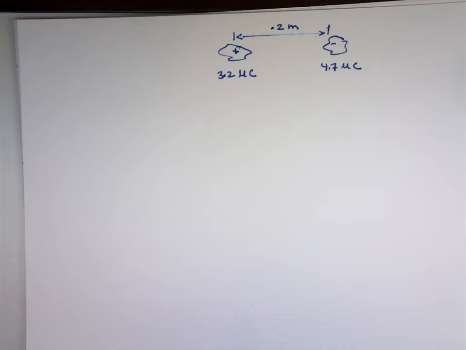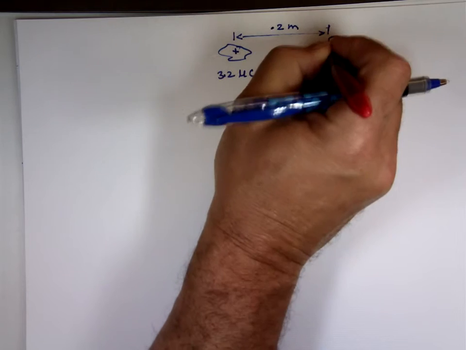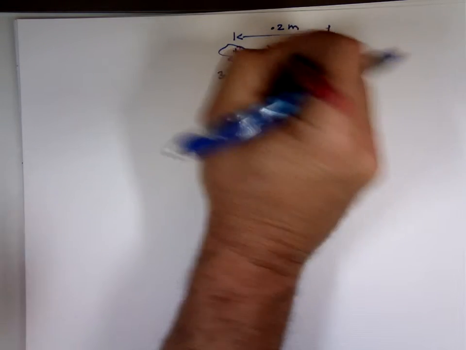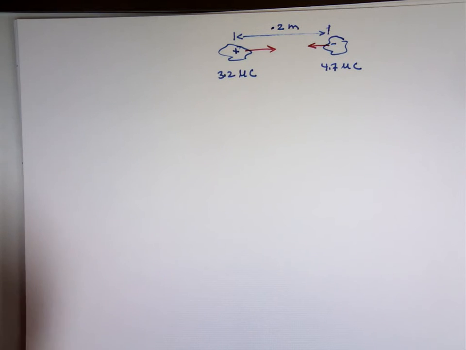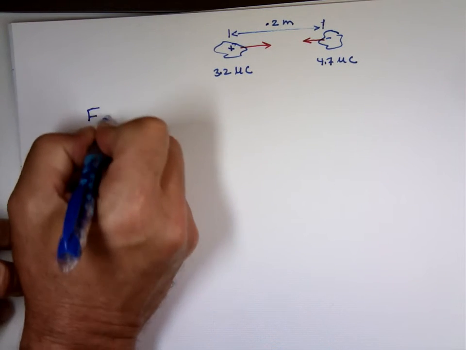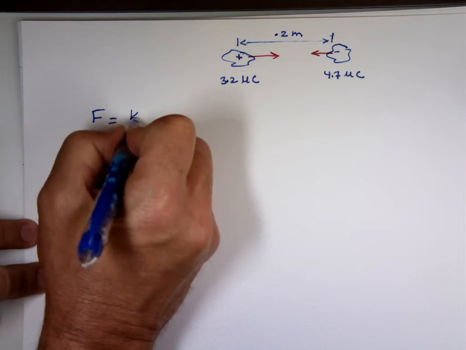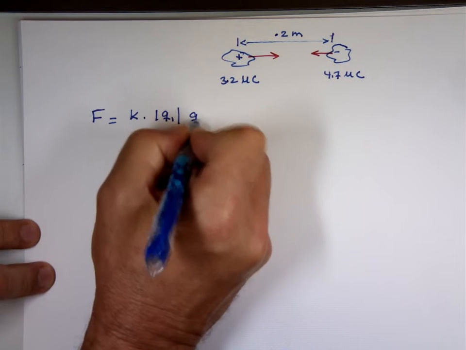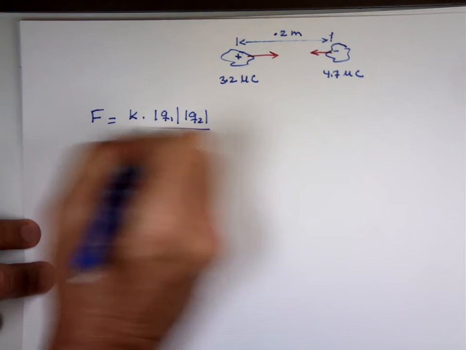What is the force? Well, first the direction of the force. This one is going to be pulling on that one, and this is going to be pulling on that one. They're going to be pulling toward the center of each other. And the value of that force, according to Coulomb's law, is K times Q1, Q2, over r squared.